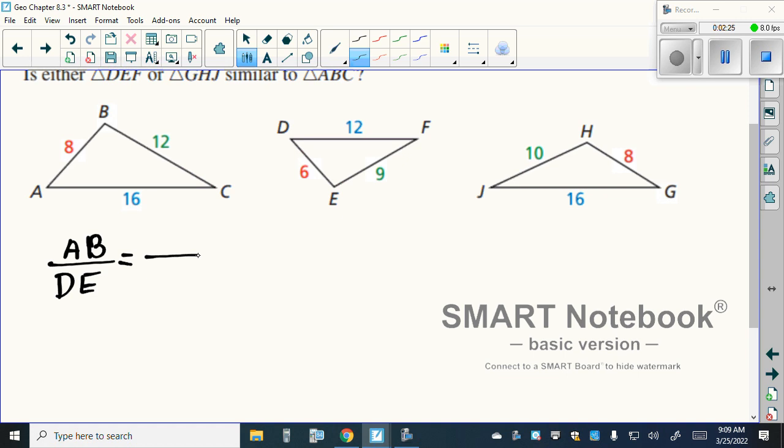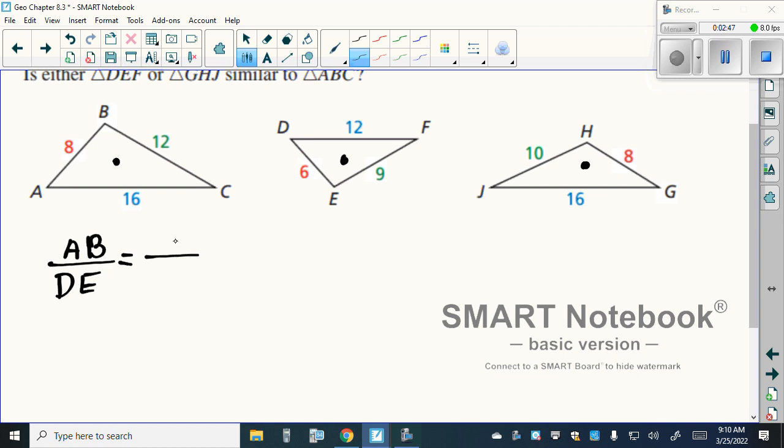The smallest side in this triangle should still correspond to the smallest side in this triangle, as well as this one here. And the biggest side of one triangle is still going to correspond to the biggest side of another, if they are similar. So here, AB and DE are both the smallest sides for both of these triangles.